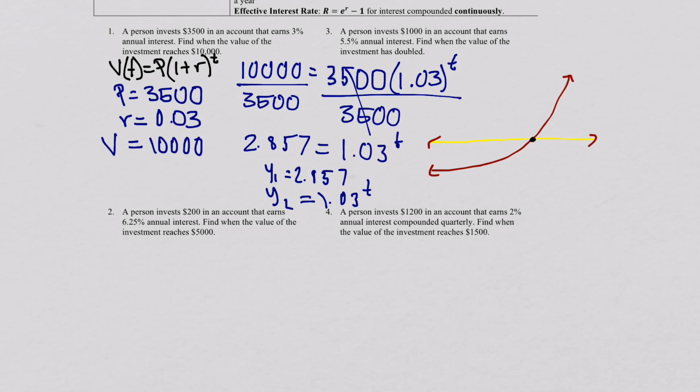So it should give you the value of x, which, according to my calculator here, says t equals 35.52. Let's say 35.5 and leave it like that. And that is your final answer for number 1. So in 35.5 years, the $3,500 account will grow to $10,000.